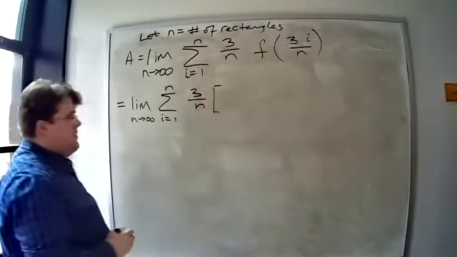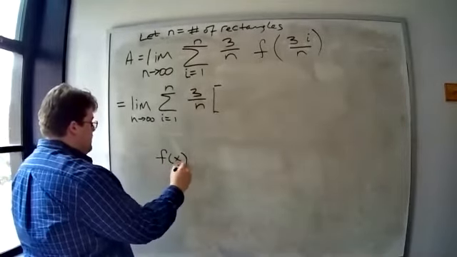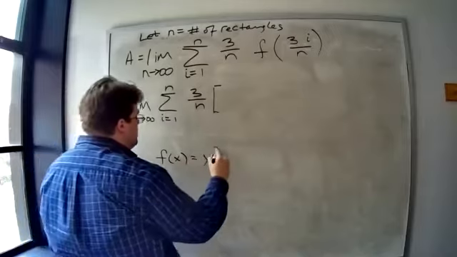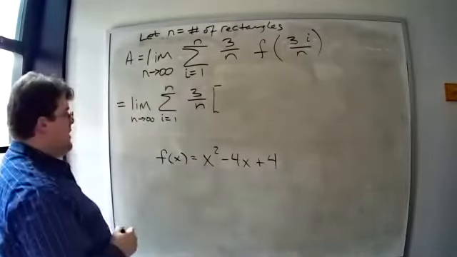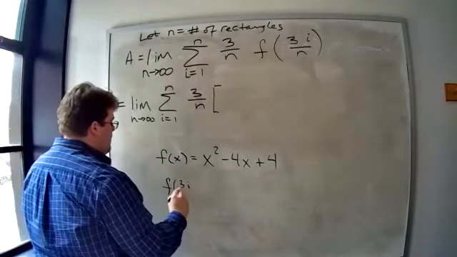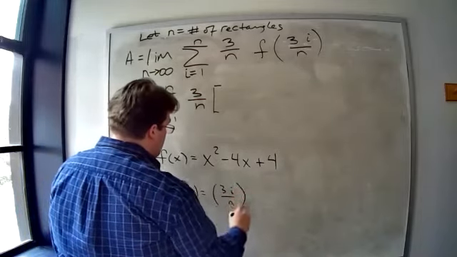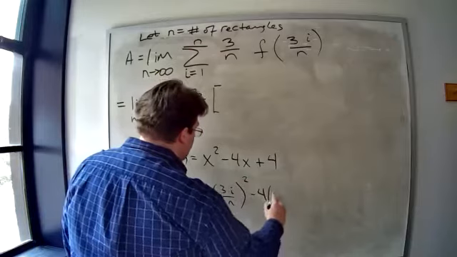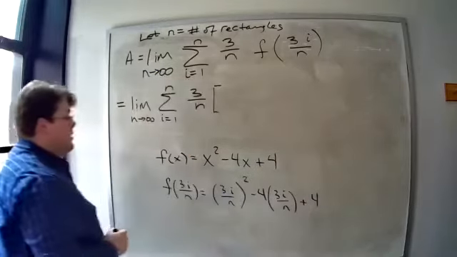And let's first deal with f of 3i over n. Well, f of x is what? x squared minus 4x plus 4. So that's f of x. What's f of 3i over n? Well, it's (3i over n) squared minus 4 times (3i over n) plus 4.